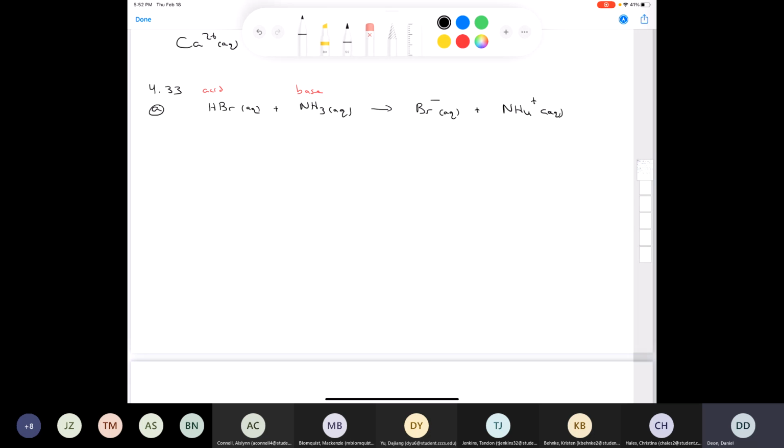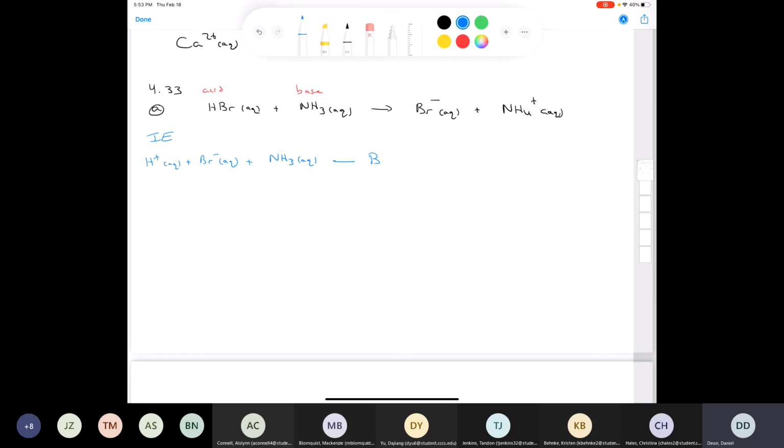Okay, so there's our molecular equation. My question to you is, is this balanced the way it is? Hydrobromic acid plus ammonia. Is this balanced the way I've got it? Yeah, absolutely it is. Okay. So let's write out the ionic equation. We'll do it quickly. The total ionic equation is going to be a proton plus bromide plus NH3, right? That's not going to break apart into ions because it's not a strong base.